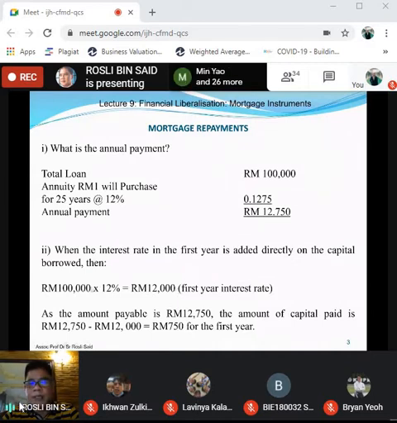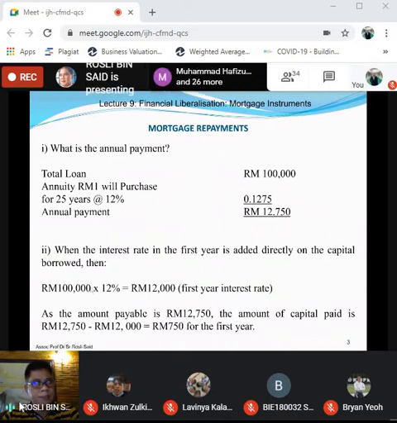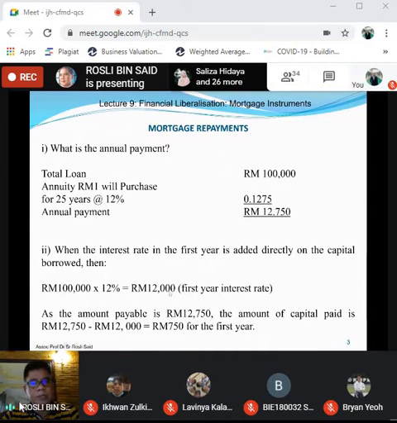So from the 100,000 in the first year, we paid 12,750. So 12,000 basically goes to the interest. Because 12,000 is interest, only the balance of 750 is the amount that is considered as capital payment.